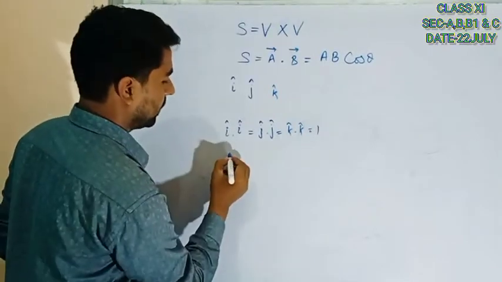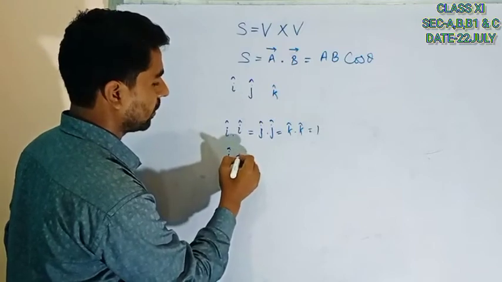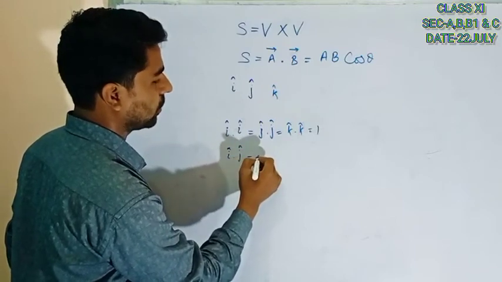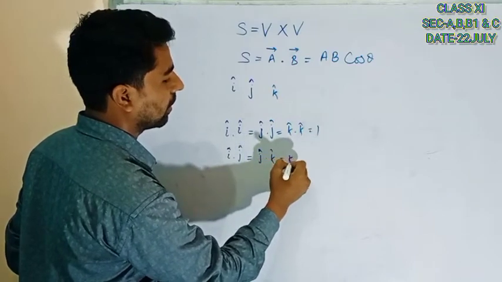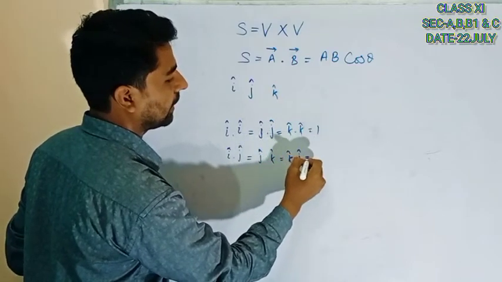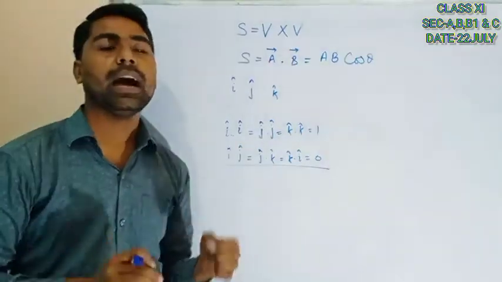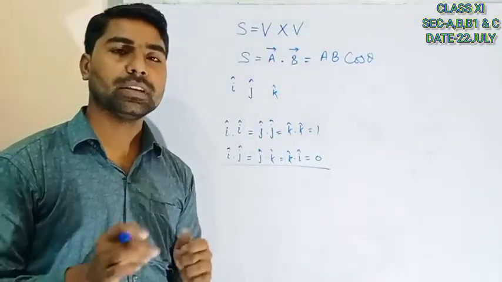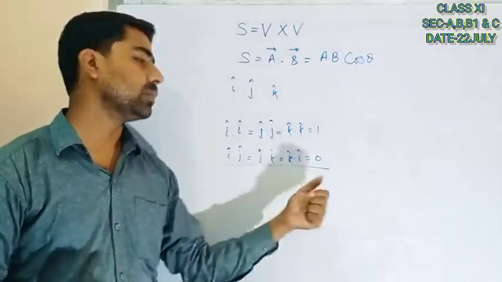But if I write a mixture of any two, i dot j, j dot k or k dot i, what will this give you? 0. Why? i dot j gives cos 90, whose value is 0, so this comes to 0.